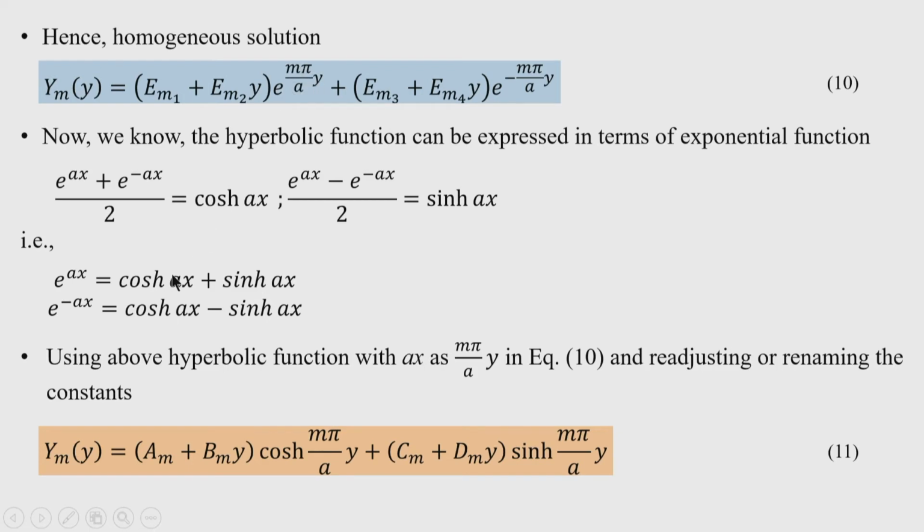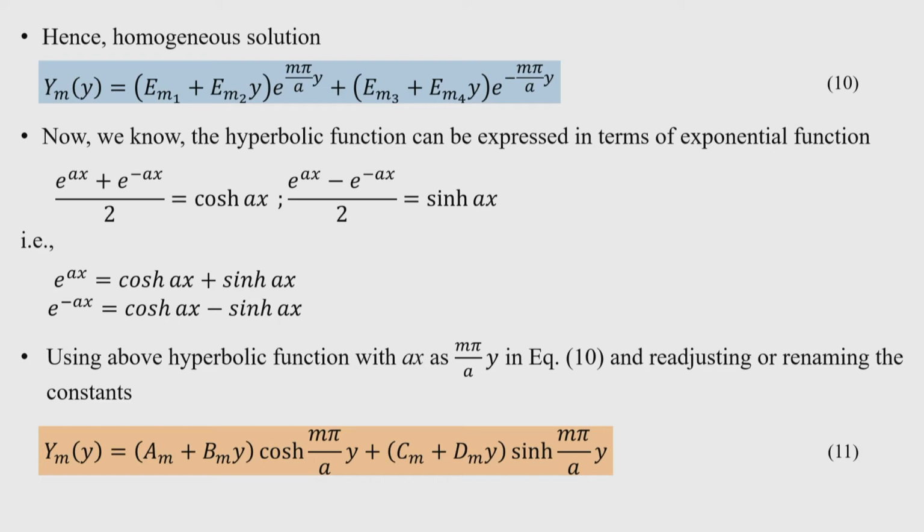So, let us substitute a x by m pi a by y, then we can write this equation in terms of hyperbolic functions, replacing a x by m pi a by y, and then arranging the constant terms, because you will get cos hyperbolic and sin hyperbolic terms common and associated with other constants, then we can plug these terms in and the constants can be renamed as other constants.